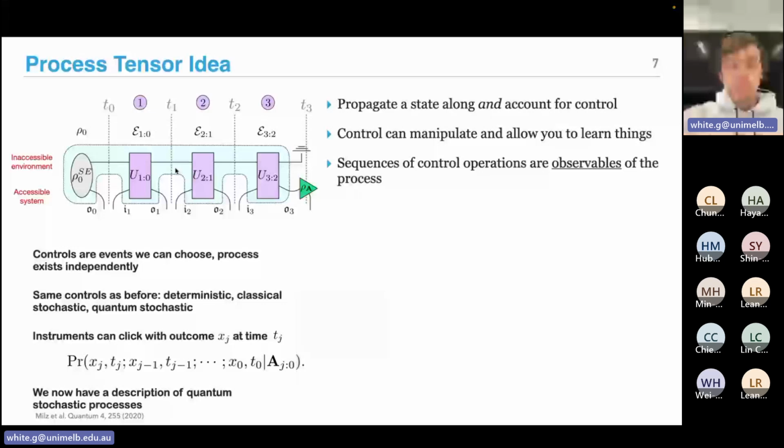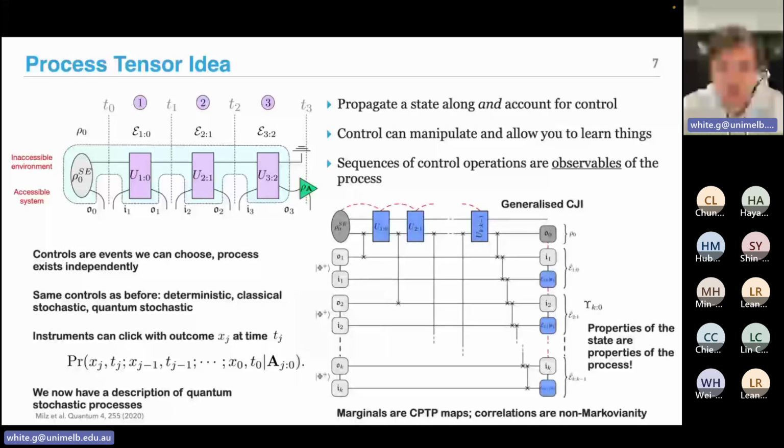Here, we're just thinking in the temporal setting, we apply a sequence of control operations, and we obtain a joint probability distribution conditioned on that sequence of control operations. Now, what's particularly nice about this is that it comes equipped with a generalization of the Choi-Jamiołkowski isomorphism to the multi-time setting.